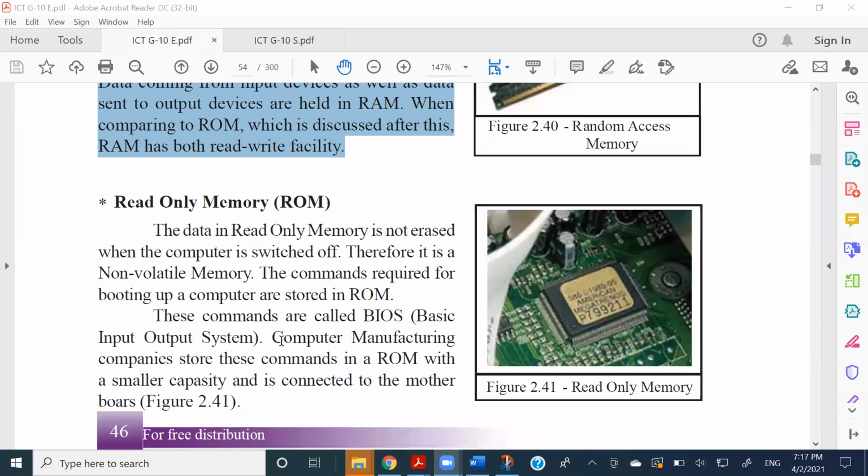We can't take the ROMs and fix onto the motherboard, right? So that is why it is called read-only memory, and the instruction inside the ROM is not going to be erased when the power is disconnected, right?